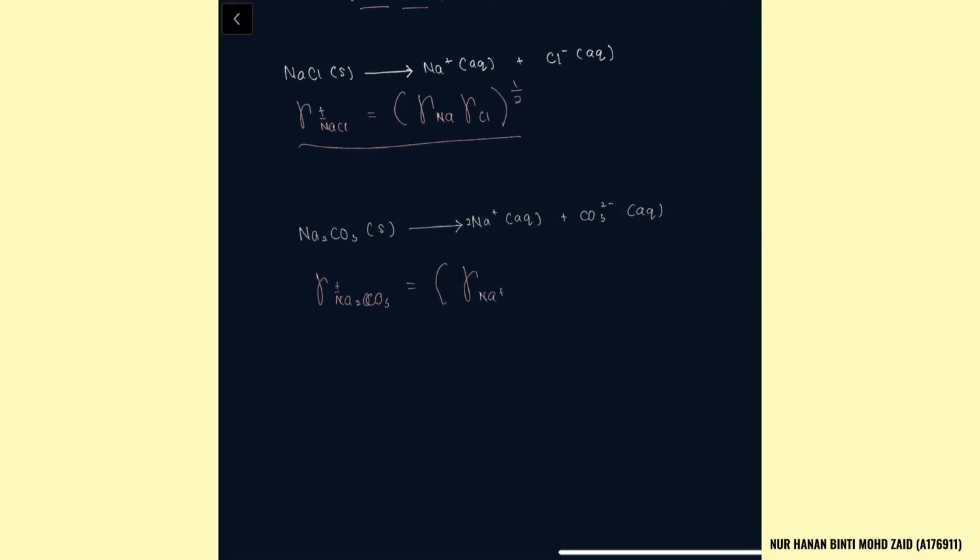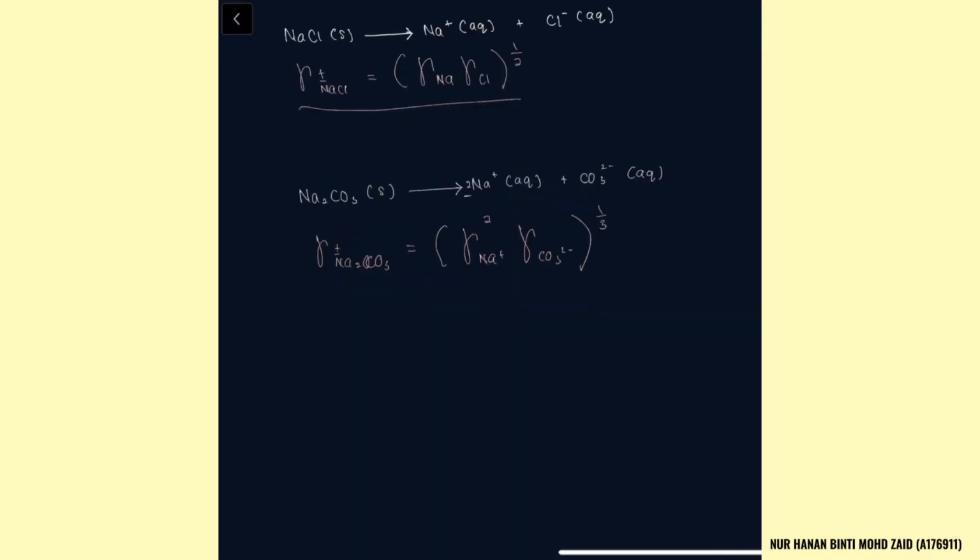So nu plus is 2, and gamma minus is the activity coefficient for negative ion, which is CO3 2 minus, and the nu minus is 1, so we don't write it, so the nu is 3.